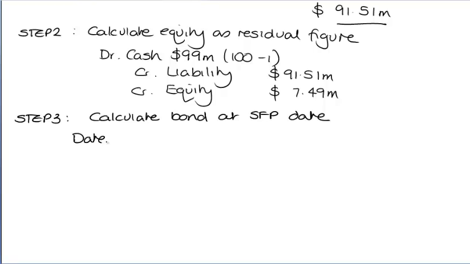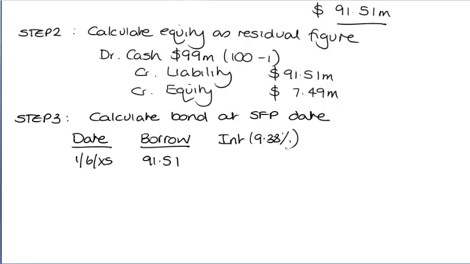So, when were the bonds issued? 1st of the 6th, X5. How much have we borrowed? 91.51. What's our interest going to be? It's 9.38%. And what's the cash going to be? The cash is 6 million.